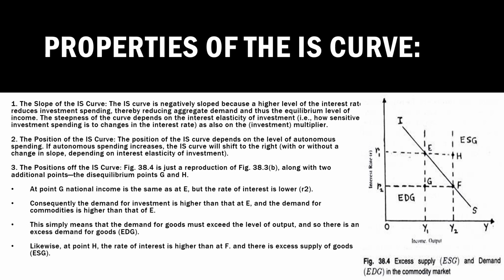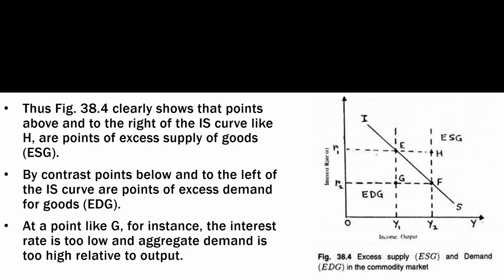And simply this means that the demand for goods must exceed the level of output, so that there is an excess demand for goods, indicated by the area EDG. Likewise, at point H, the rate of interest is higher than that of F, and there is an excess supply of goods here.